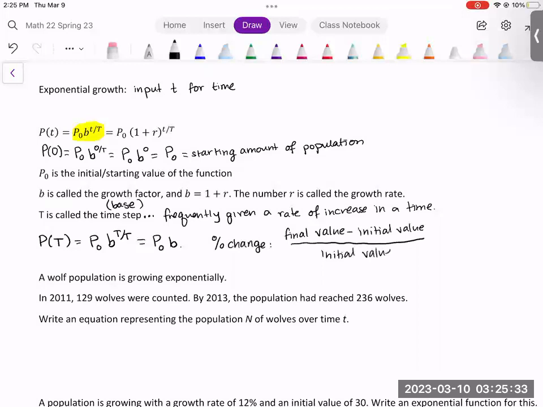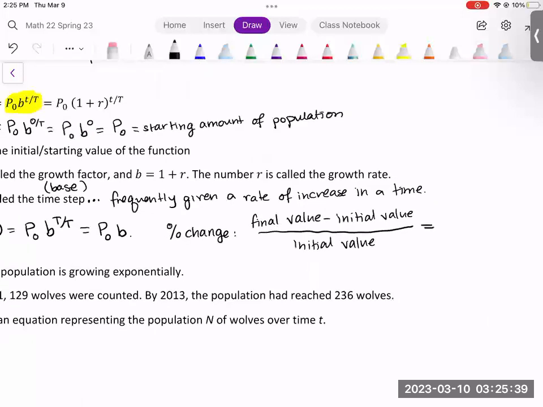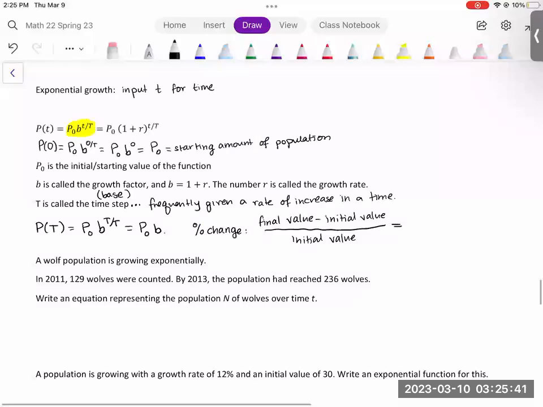If we look at our percent change in one time step, we have P naught b minus P naught over our initial value of P naught, which gives us just b minus 1, or what's called our rate, r. And so this says how much our population is changing in one time step.